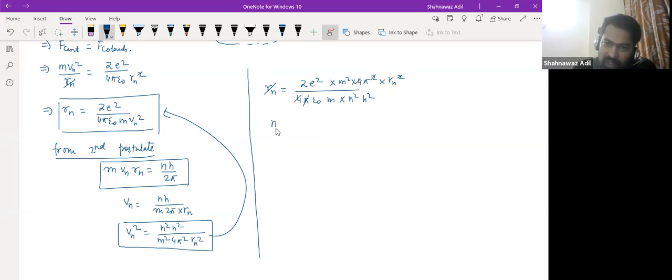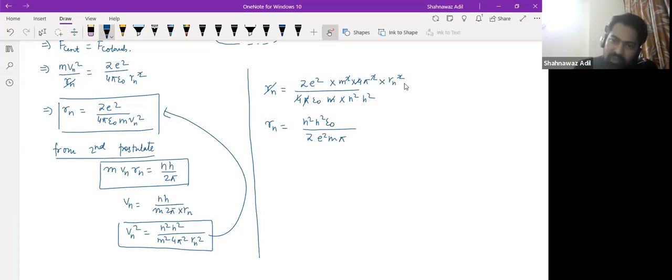So Rn would be, and this m will also get cancelled, we will get n square h square epsilon naught divided by z e square m and pi.